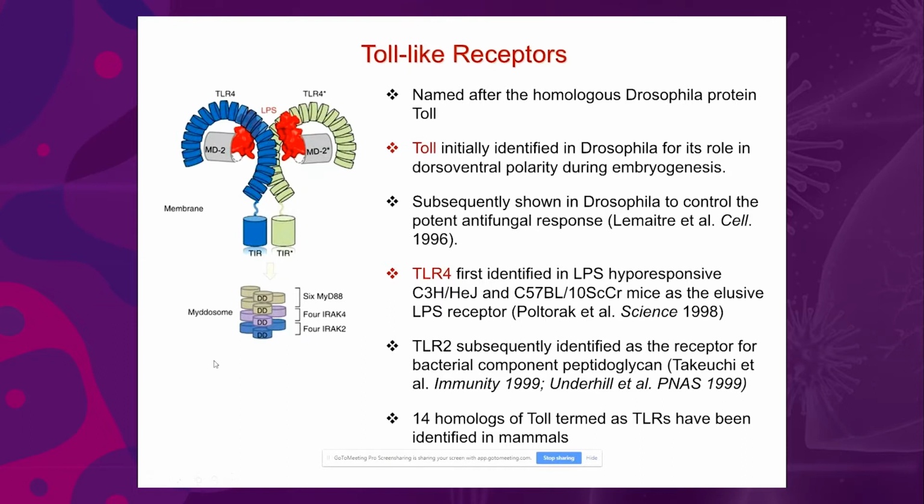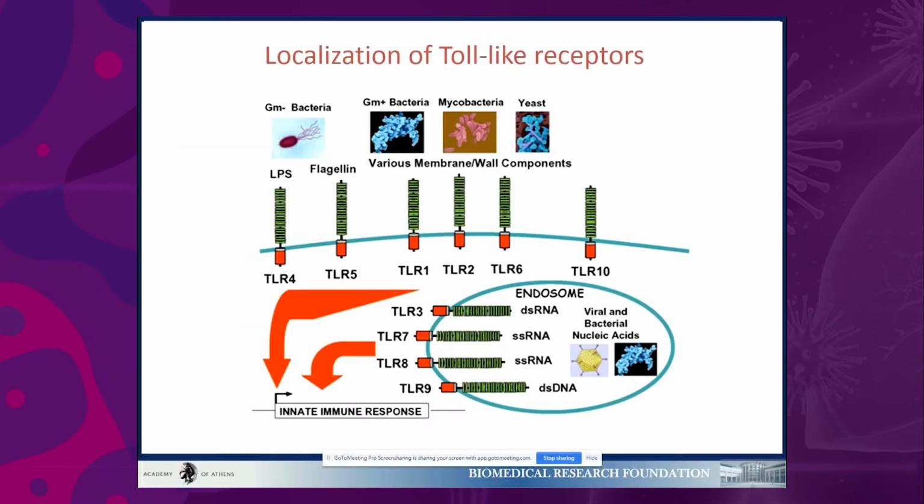After that, the whole field searched, and there was recognition and identification of many pattern recognition receptors, including TLR2 and many others, as the human genome and other animal genomes started coming out. Now, according to their structure, Toll-like receptors have a specific localization in the cell.